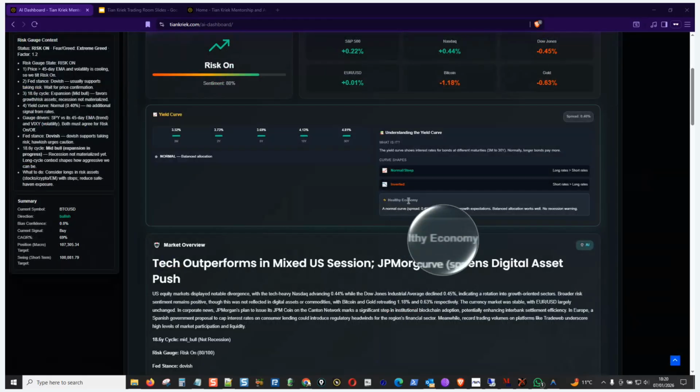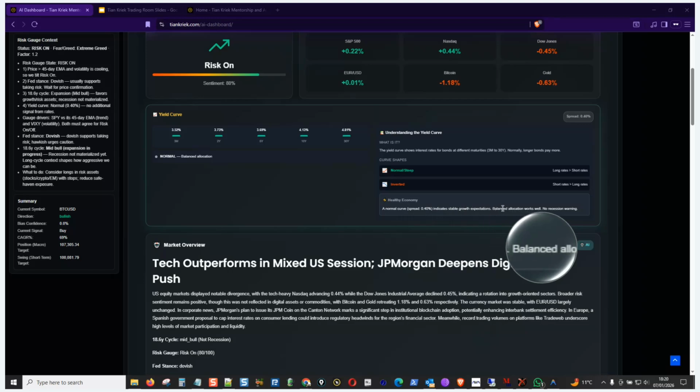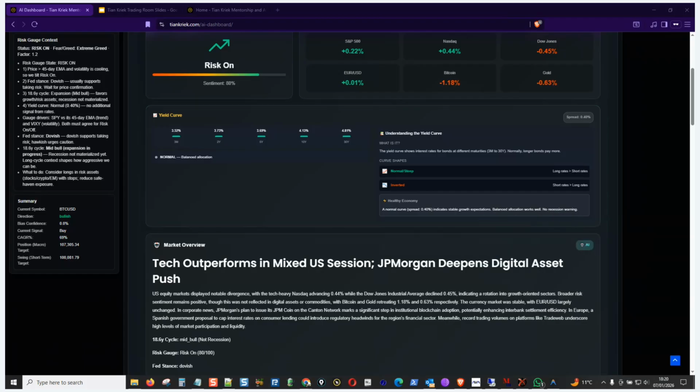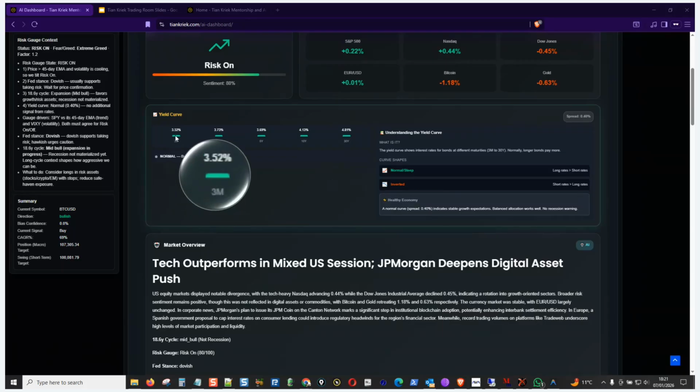We have a healthy economy, a normal curve indicates stable growth expectations, balanced allocation works well, there is no recession warning.